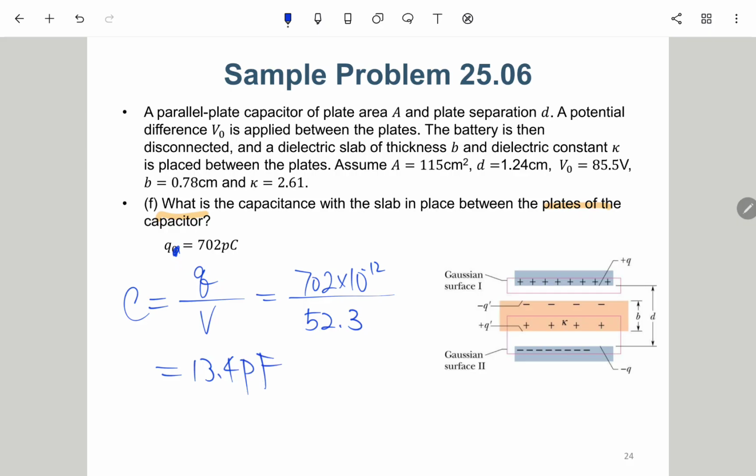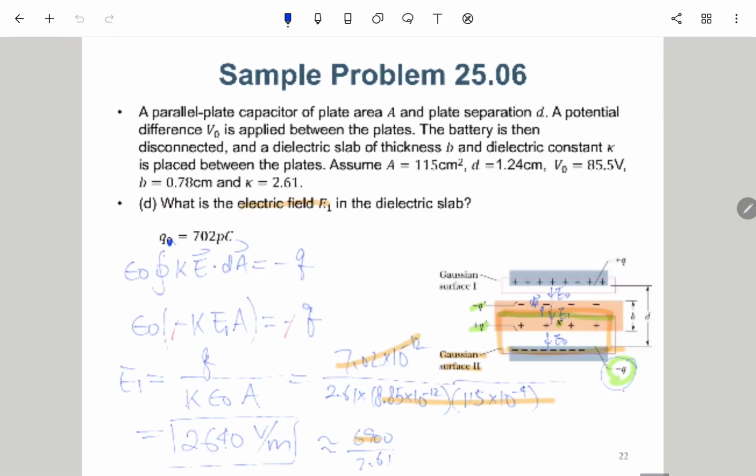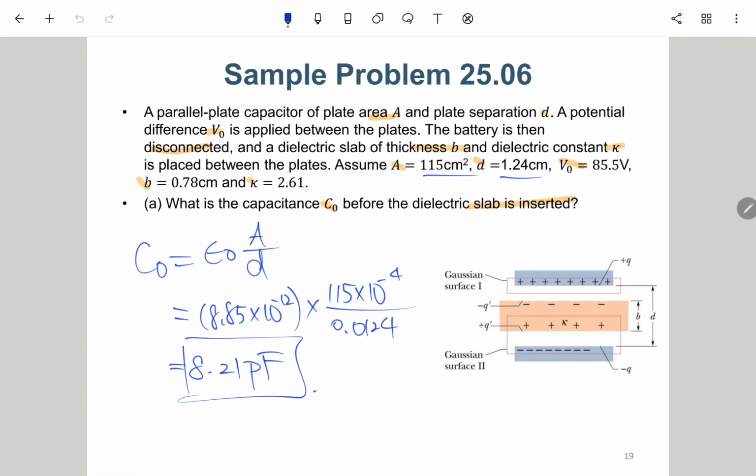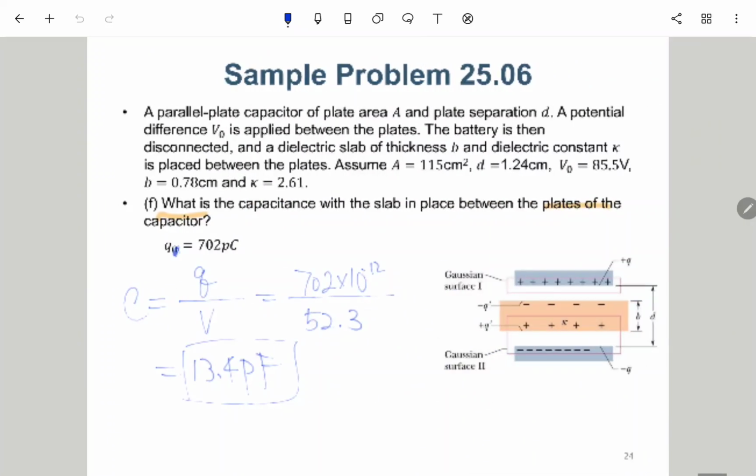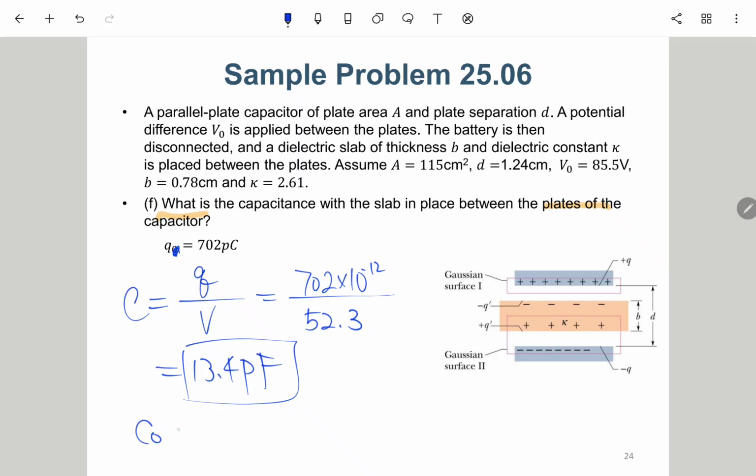Which is 13.4 picofarad. Just as in the previous question, it doesn't multiply C by 2.61. It only increased by about 40%. Originally C0 is 8.21 picofarad.